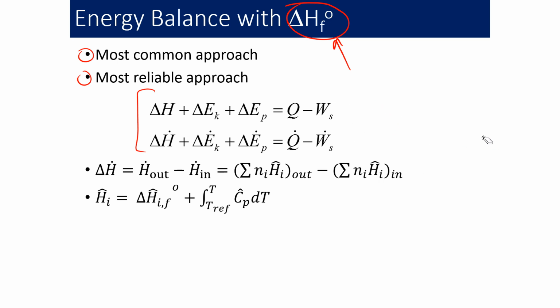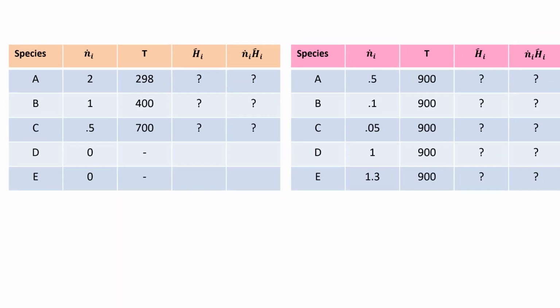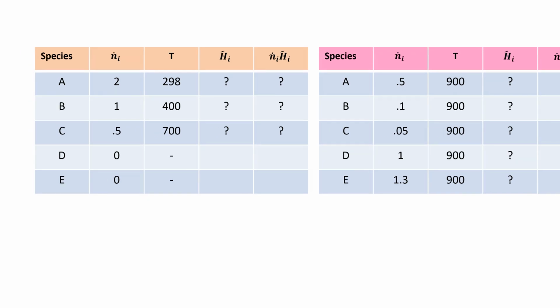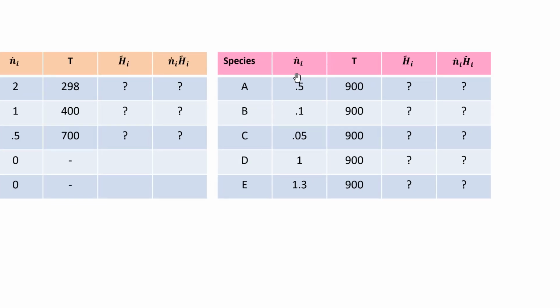So I want to show you a way to do this. Here's a table, for example, where these are all the species coming in on this side, and these are all the species going out.